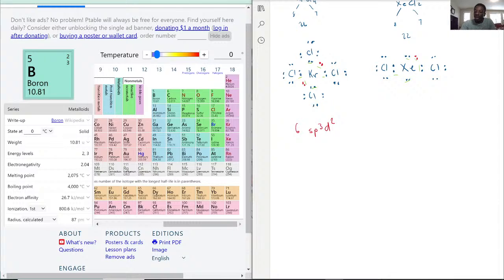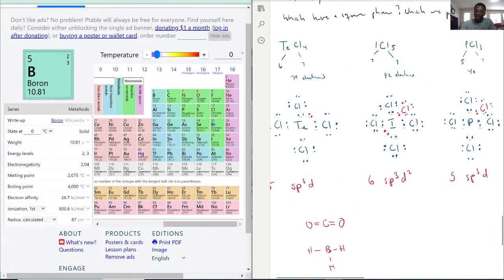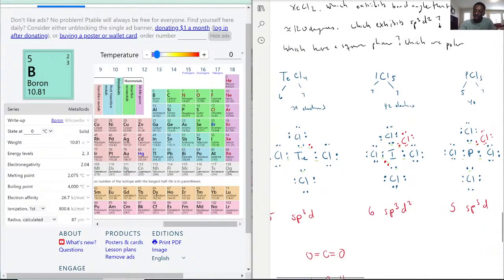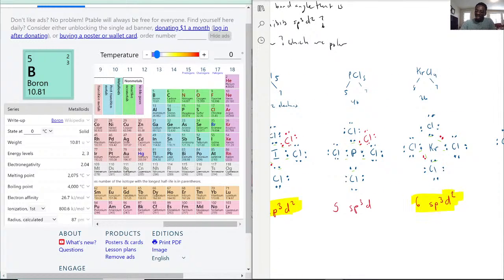So 3 lone pairs and 2 bonds. That's still going to be 5, so that's a hybridization of sp3d. So far we've answered this question: which exhibits sp3d2 hybridization is going to be ICl5 and krypton Cl4.